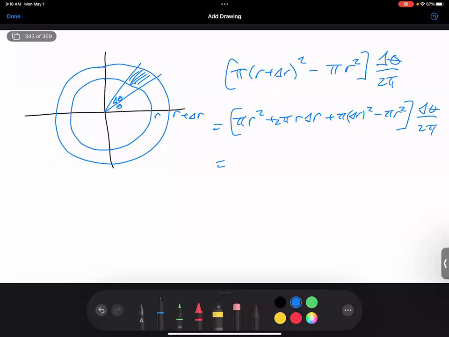So the pi r squared cancels with the negative pi r squared, and 2 pi cancels with the 2 pi. So we get r delta r delta theta plus 1/2 delta r squared delta theta. So that's going to be the area of that small little bit.